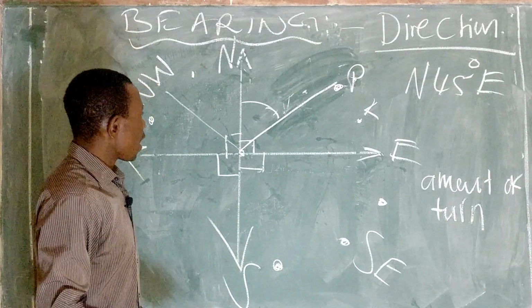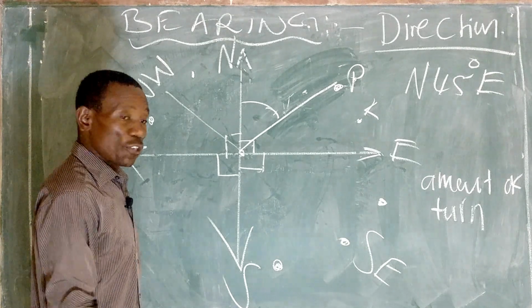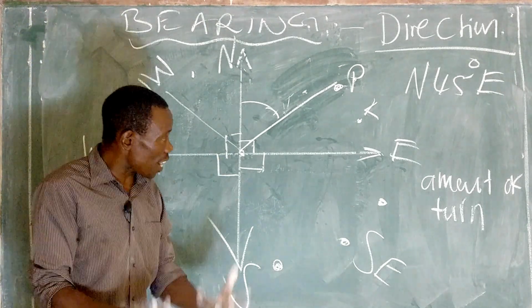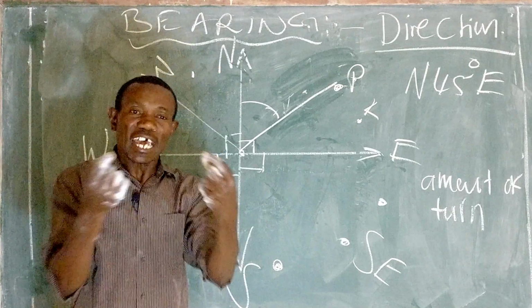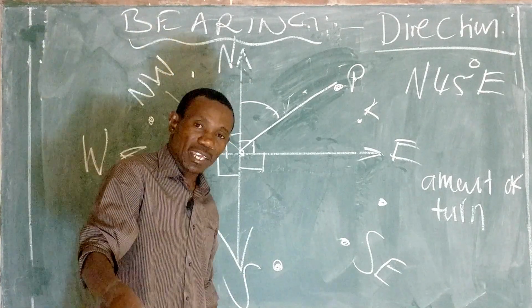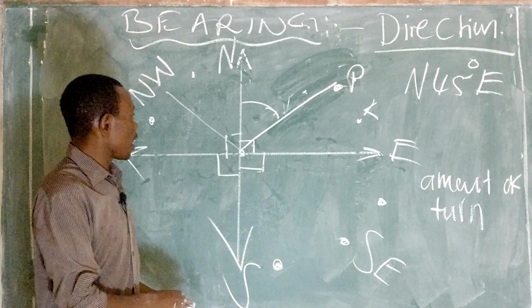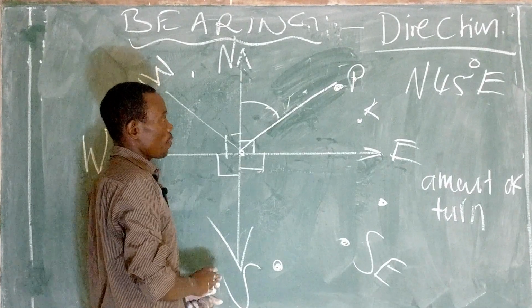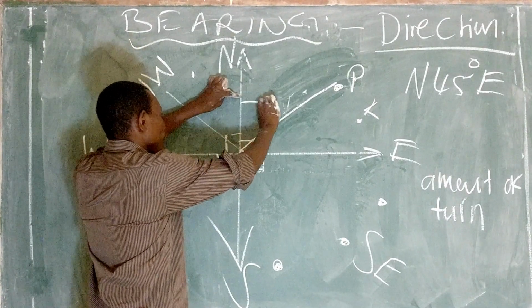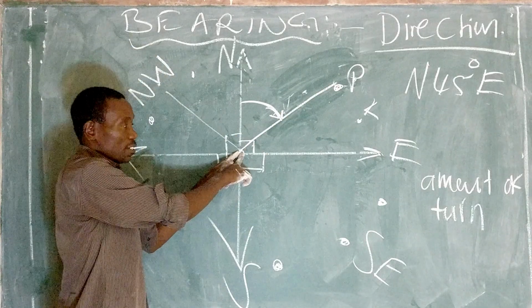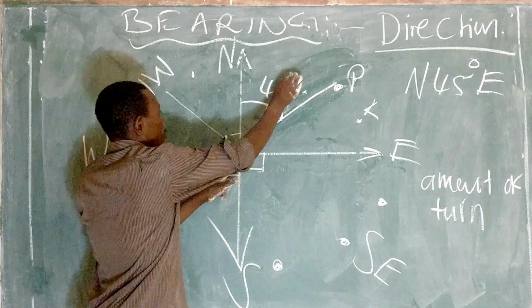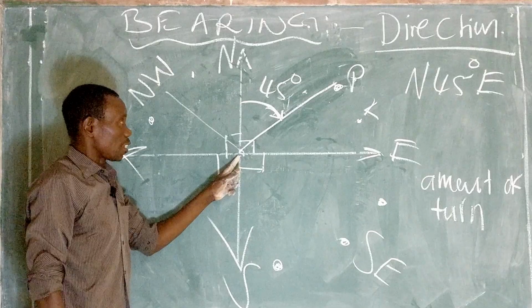Next, in the other video, we are going to discuss how best we can use such angles to define a position of the place. Like you have mentioned, 45 degrees northeast, it means you are going to turn an angle like this one, if P is exactly at 45 degrees. So it means this angle is 45 degrees, like that.